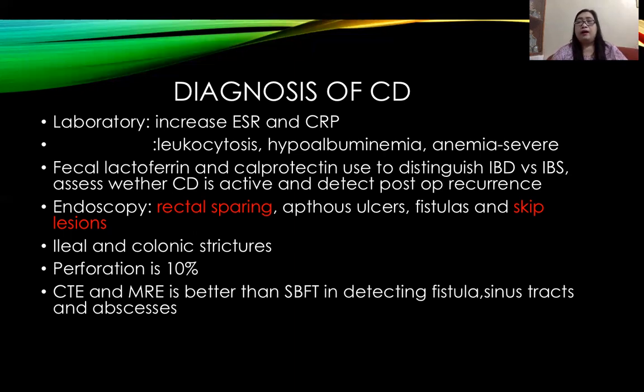There are intermittent normal, abnormal, normal, abnormal areas, which we call skip lesions. You may develop stricture in the terminal ileum, even in the colon. Perforation as a complication happens in 10% of patients.